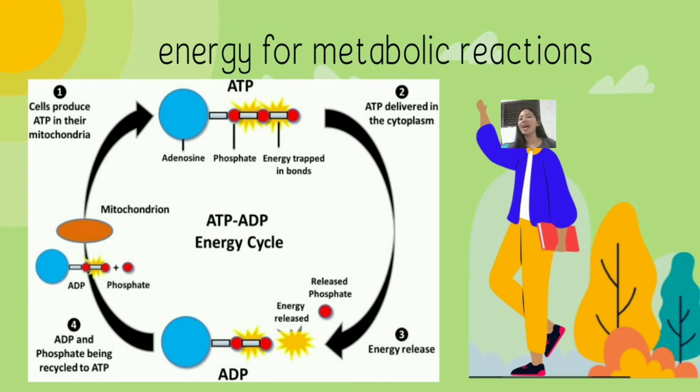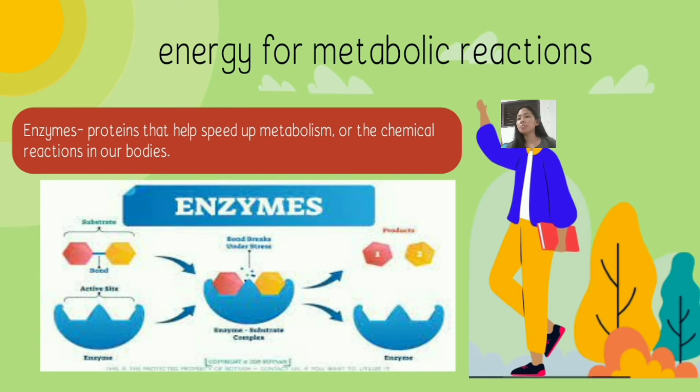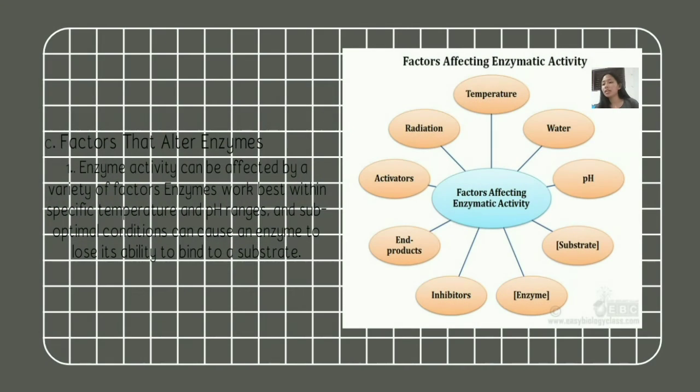The enzymes are the proteins that help speed up metabolism, or the chemical reactions in our body. They help control the rates of all metabolic reactions, and that happens through the catabolic and anabolic processes. There are also factors that alter enzymes.